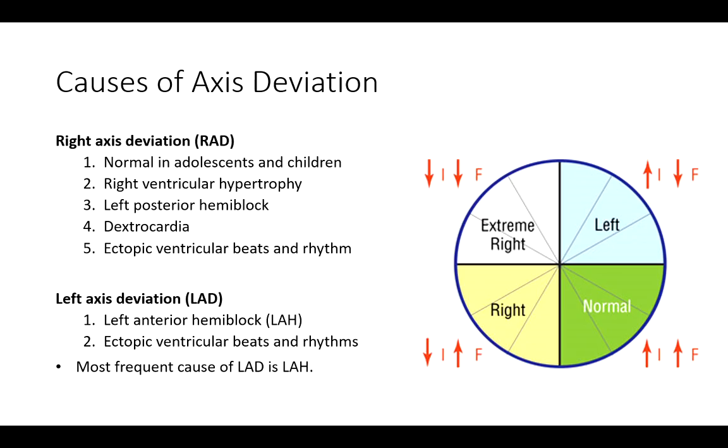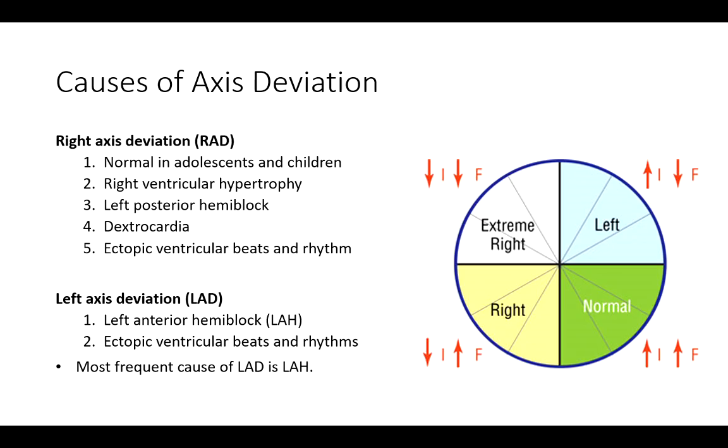A larger muscle generates a larger electrical impulse. So if the right side of the heart enlarges, it takes that normal axis and swings it over toward that right quadrant. So in some cases, there could be a right ventricular hypertrophy.